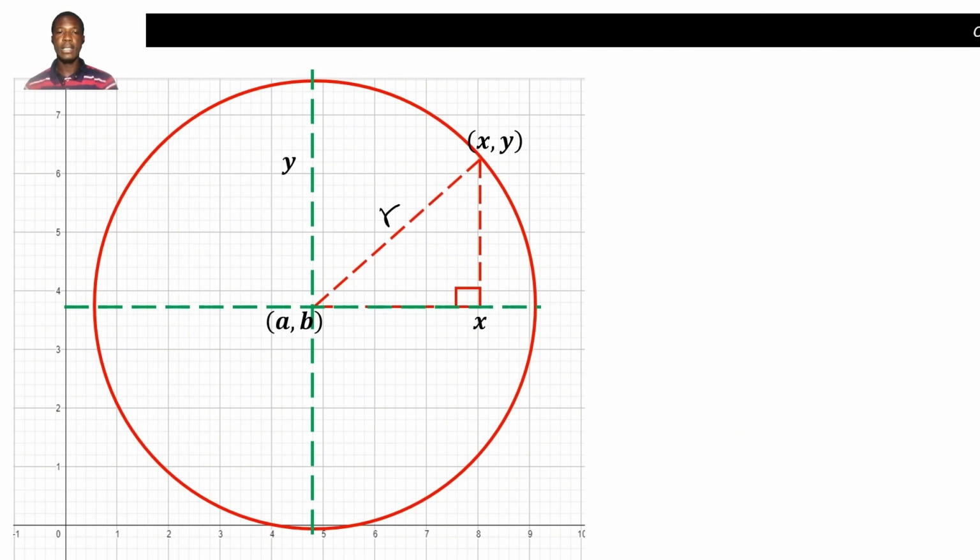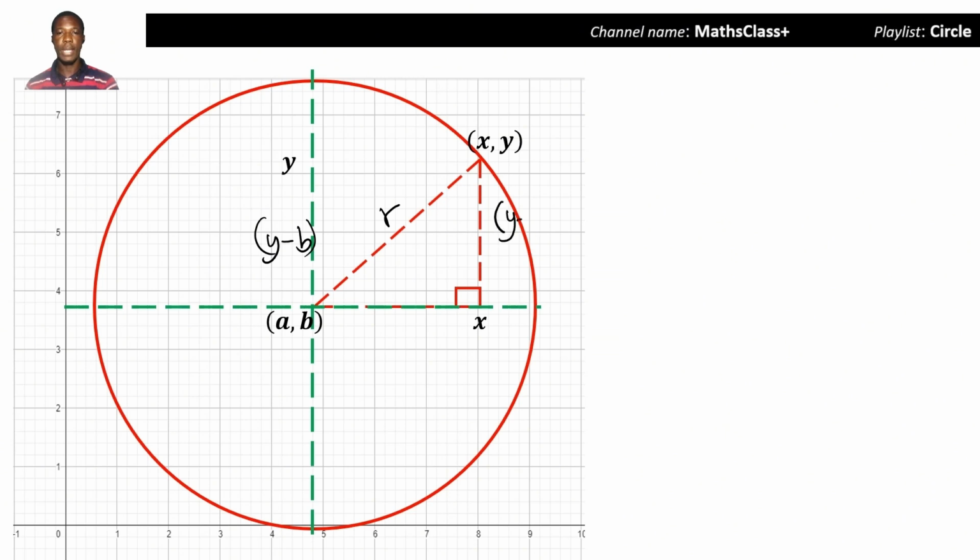Now the distance from the center to the value y here, we said we will subtract the value of y. We will subtract the y value at the center from the y value here, and that will give us y minus b, and that is the length of this vertical side of the right angle triangle.